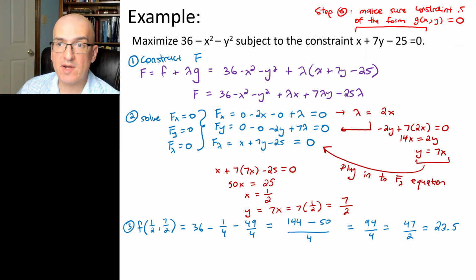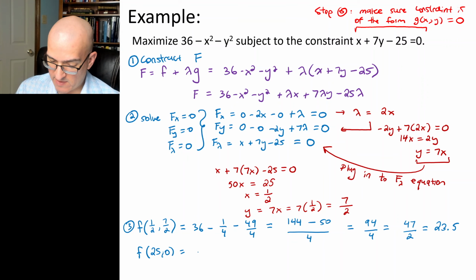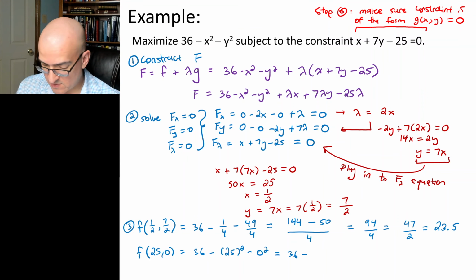Now we could check a nearby point that's on that constraint. So we could check f evaluated at, let's say, y equal to 0. Then x is 25. So 25, 0. We're going to have 36 minus 25 squared minus 0 squared. 36 minus 625, I think. 25 squared, 125 times 5.